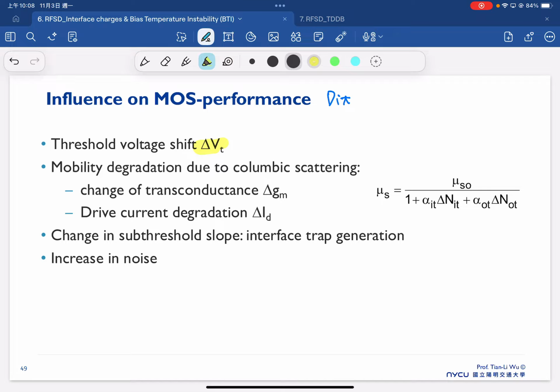The mobility degradation is mainly due to Coulombic scattering, and this scattering will cause degradation of the transconductance and then drain current degradation. And for sure, DIT will also influence our subthreshold slope and also increase noise here.